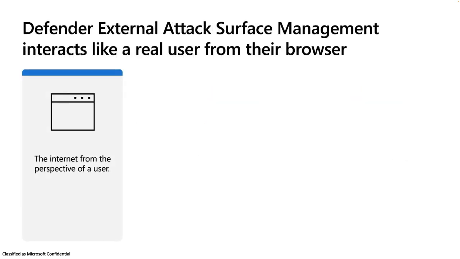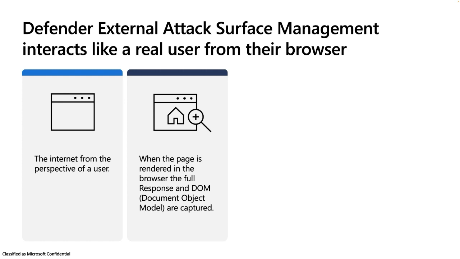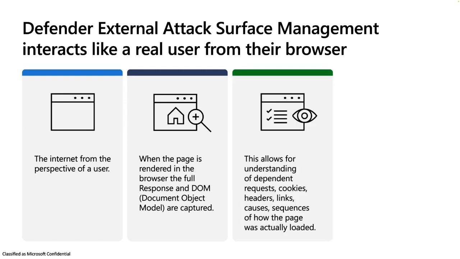So let's take it from a user perspective. As you're clicking through the internet, you have a user who then loads a page, and then the whole browser and the DOM is captured. As we capture this, you can imagine we have dependent requests, which is effectively every single get and post that happens on a page. We can collect all the cookie information, headers, links, and all the sequences of how a page was loaded.